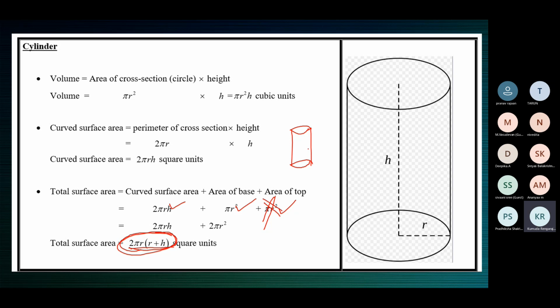You can see from one end through the other end. So the total surface area of this pipe will be simply 2 pi rh, equal to the curved surface area.